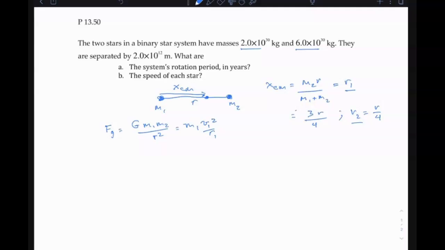And if we are interested in calculating the rotation period for this mass, we can write down that the velocity that mass 1 has tangential to the circle is equal to the distance around the circle, 2 pi r1, over the period, the time for a complete rotation.